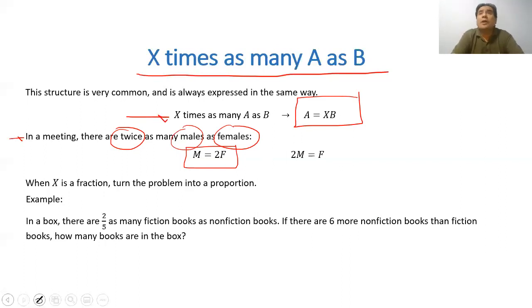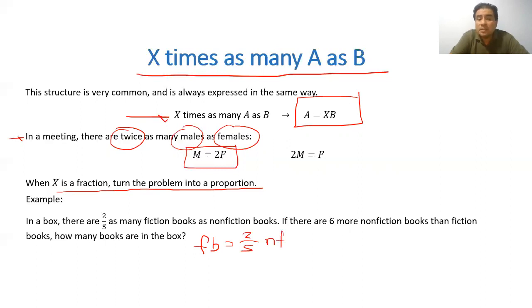Now, when they give you x times as a fraction, then you can convert the problem into a proportion, okay? Let's see an example. In a box, there are 2/5 as many fiction books as non-fiction books. So I could say, fiction books equals 2/5 of non-fiction books.